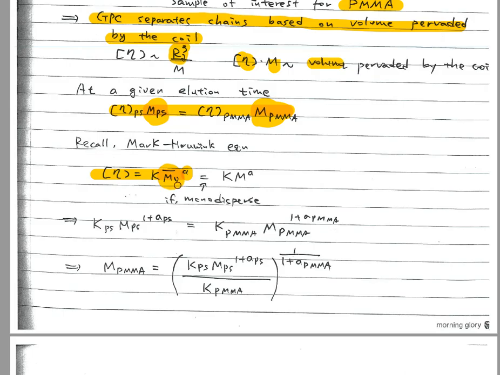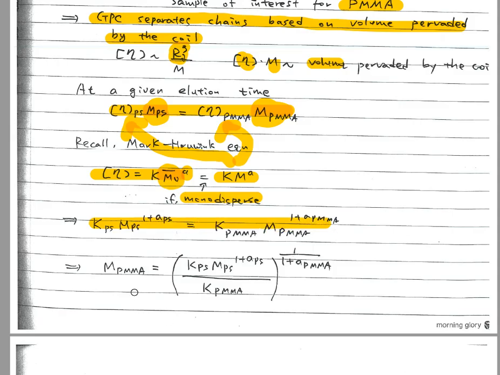So in this case, we need to assume that the sample is monodisperse. If the sample is monodisperse, Mv, Mw, Mn are all the same. So we can just use K M to the a. Then you put this eta here, K M^a here and here, and you get these relations.